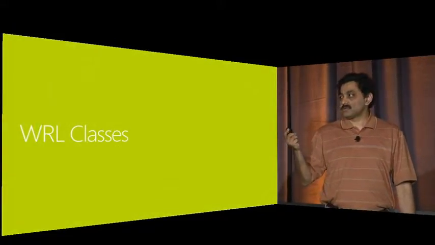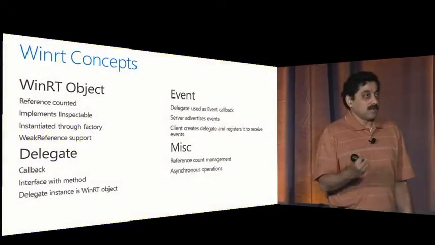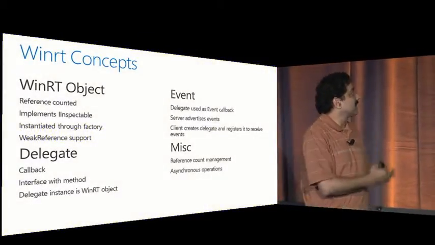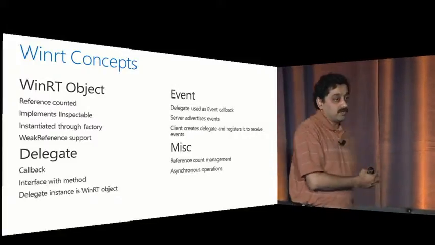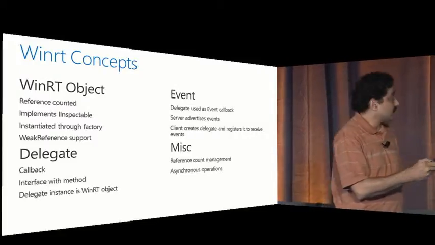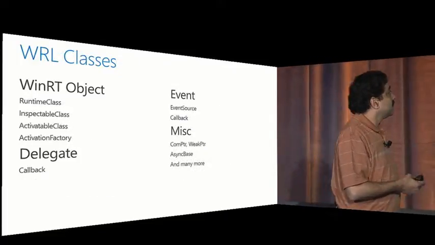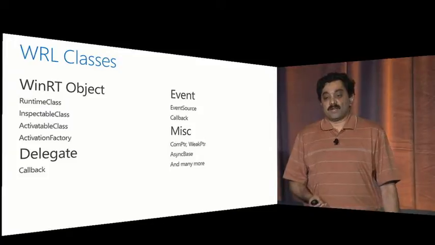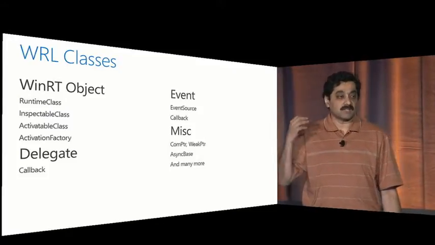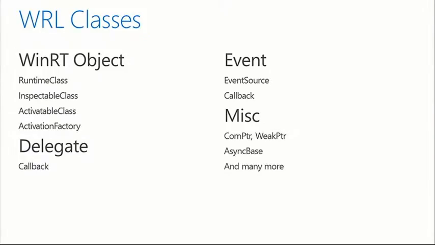So let's look at the WRL classes. I'm not going to go over these concepts, but in general, there are these concepts in WinRT, and we have corresponding classes in WRL. So to create WinRT objects, we have a couple of classes and a couple of macros that let you easily create a fully working activatable WinRT object.